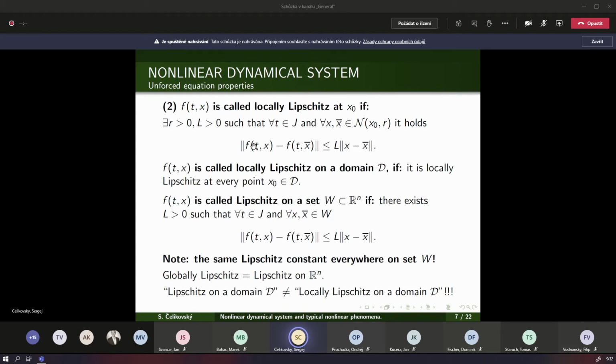Before going further, what is the meaning of this inequality? In fact, it means that the function, sorry, this right-hand side f, is nonlinear.